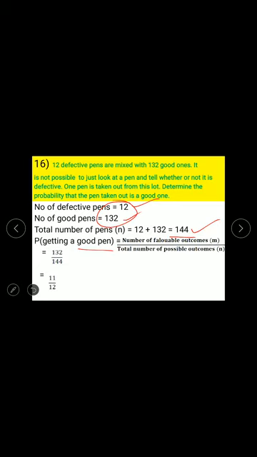Number of favorable outcomes, good pens: 132. So 132 by 144.